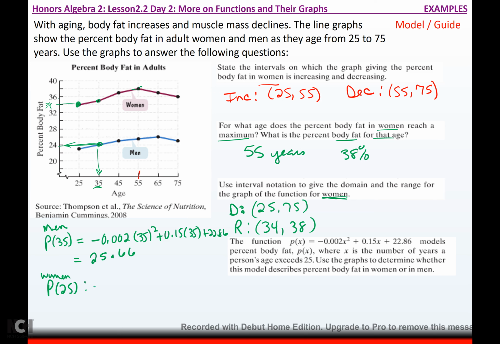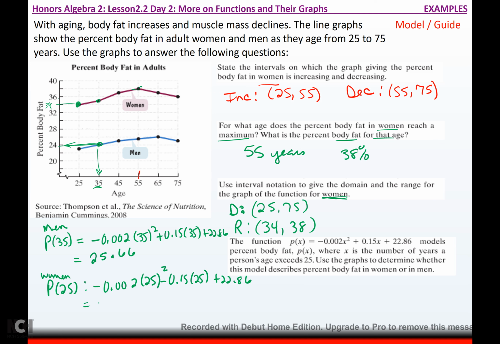So if I type that in, negative 0.002 25 squared minus 0.15 times 25 plus 22.86. So negative 0.002 parentheses 25 squared parentheses minus 0.15 parentheses 25 parentheses plus 22.86.